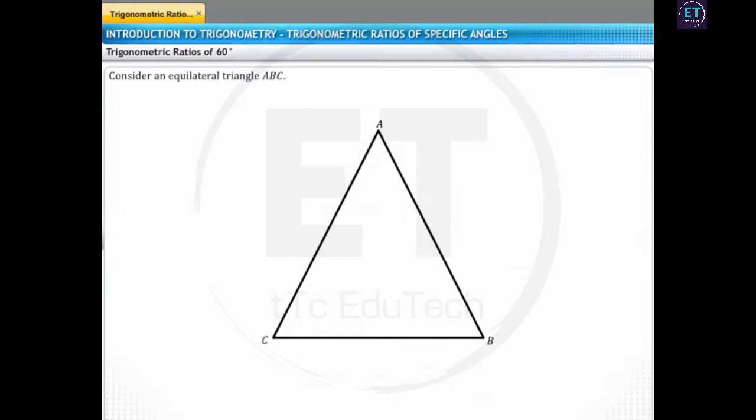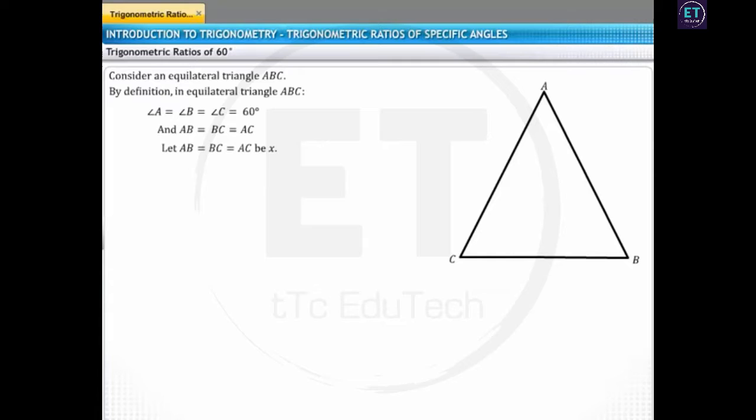Consider an equilateral triangle ABC. By definition, each angle of an equilateral triangle is equal to 60 degrees, and all its sides are equal. Let the length of each side of equilateral triangle ABC be x.